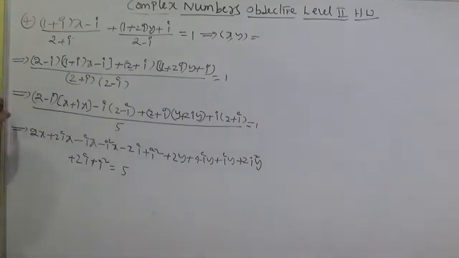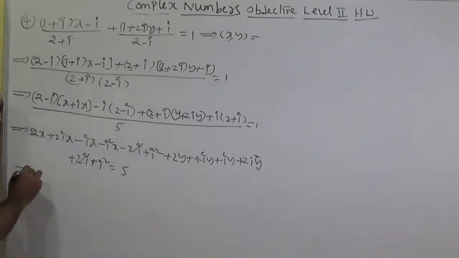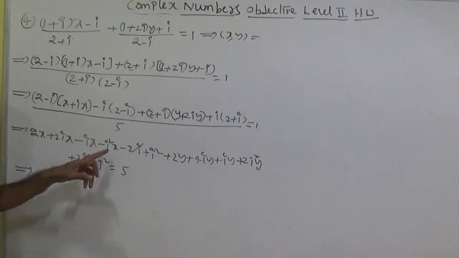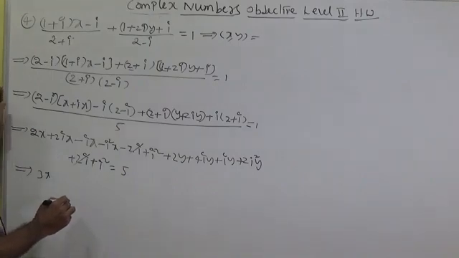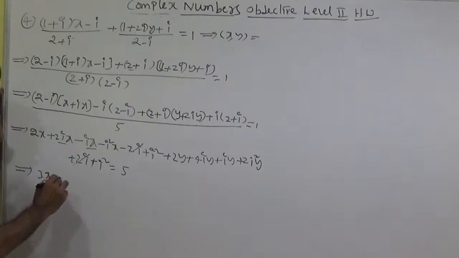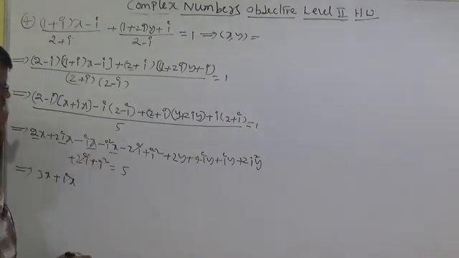Now the plus 2i and minus 2i get cancelled. Only the 2x term is there. 2x minus i square becomes plus 1, so 2x plus x becomes 3x. Next, plus 2ix minus ix becomes plus ix.